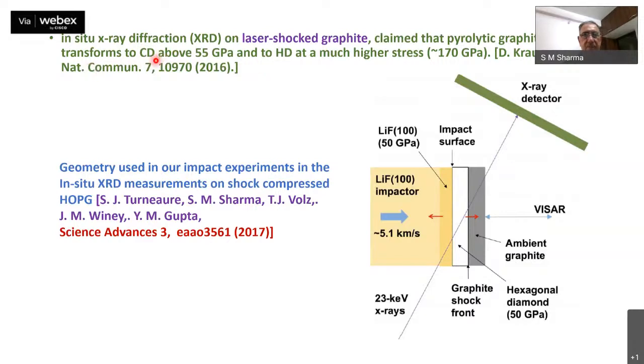But if you shocked it to much higher stresses of 170 GPa, then the structure was hexagonal diamond, not cubic diamond. Okay. So this looked in a sense very contradictory to the continuum measurements of Bill Dallas and others, making it hard to interpret what really happened.